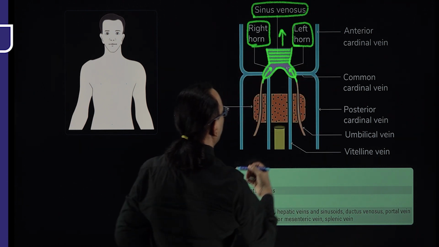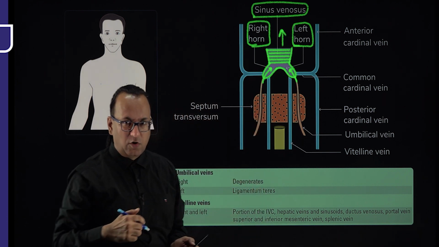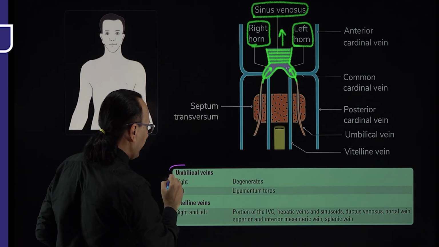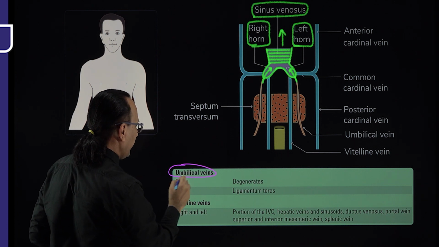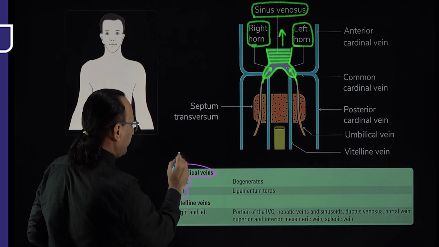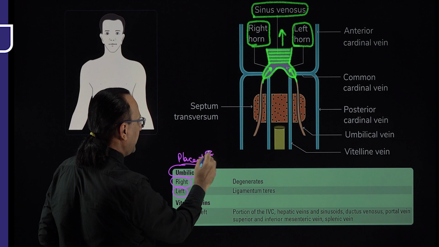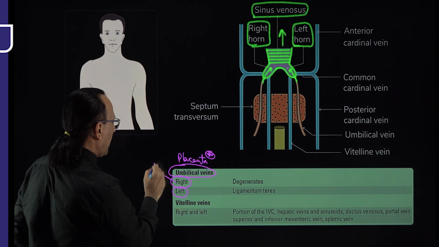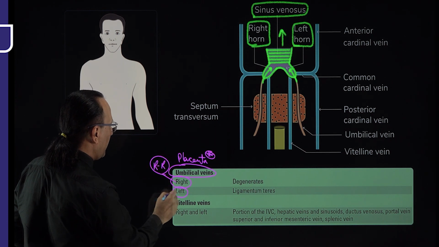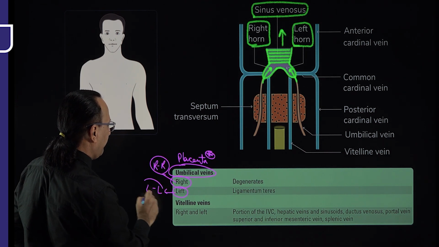We already have mentioned the umbilical veins. The umbilical veins drain the placenta, and there will be a right and left umbilical vein coming from the placenta, but they do not have a significant contribution in the adult circulation. In fact, you can remember RR and LL: the right regresses and the left is left.